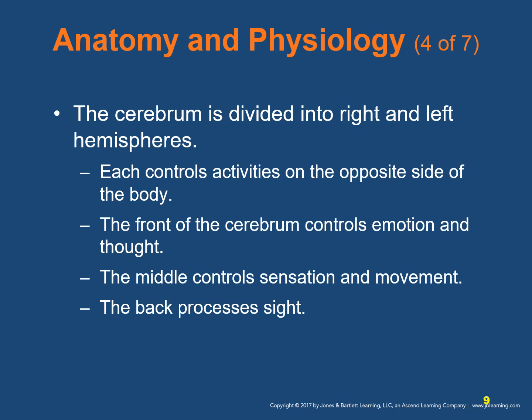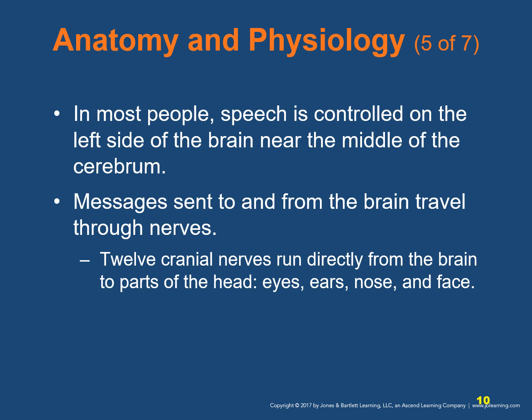Each hemisphere controls activities on the opposite side of the body. The front of the cerebrum controls emotion and thought. The middle part controls sensation and movement. The back part is sight. In most people, speech is controlled on the left side of the brain near the middle of the cerebrum.